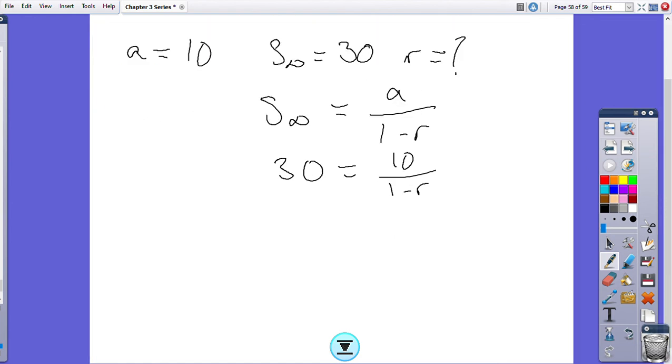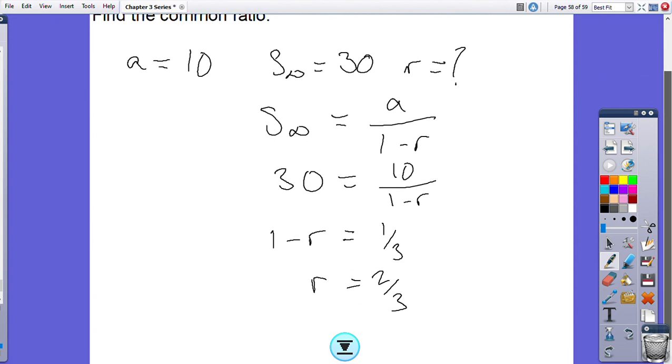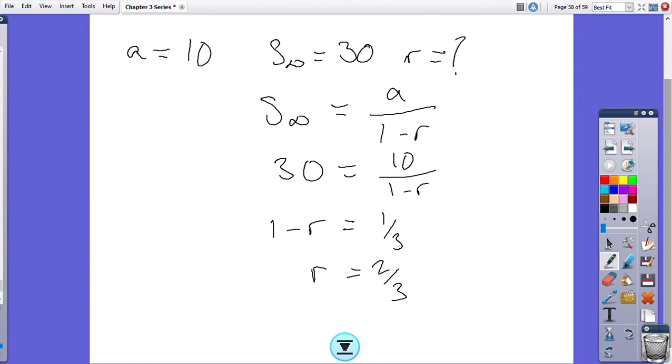We'll bring the 30 down, so you've got 1 minus r equal to a third, so that r equals 2/3. Okay, so hopefully you got that, and it was a bit easier than what we had on the last one.